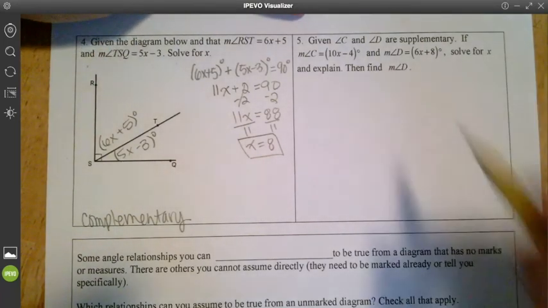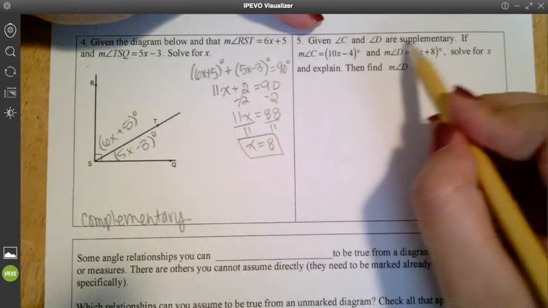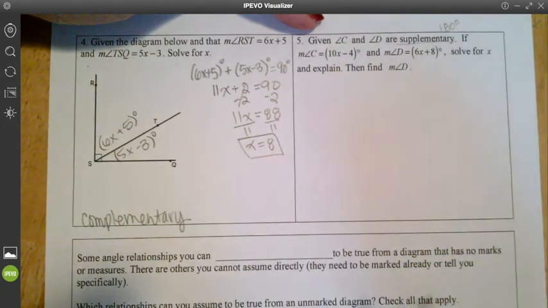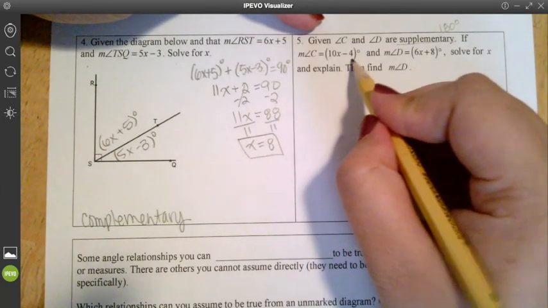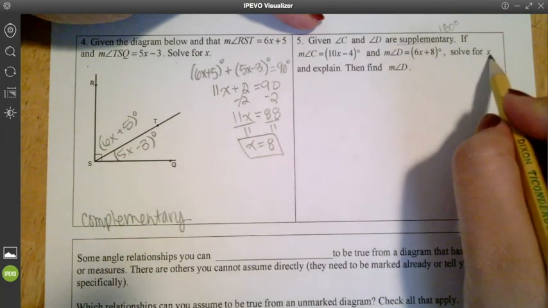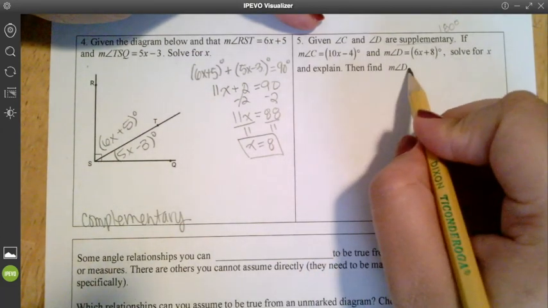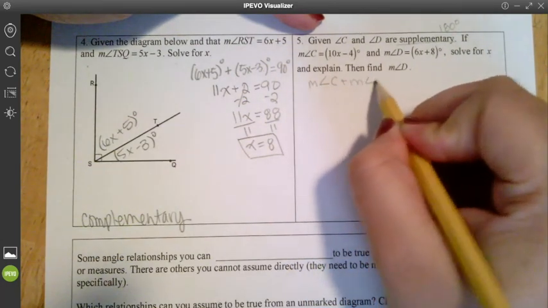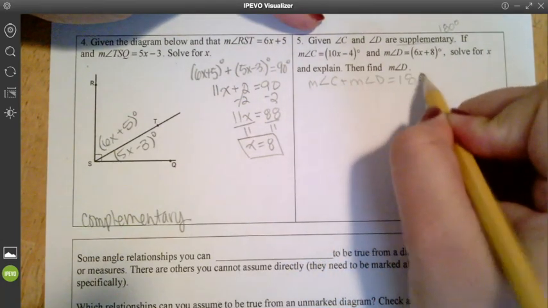Number 5: given angle C and angle D are supplementary. Supplementary is 180. If the measure of angle C is 10x minus 4 and the measure of angle D is 6x plus 8, solve for x and explain, then find the measure of angle D. So angle C and angle D are supplementary, which means they add up to 180.